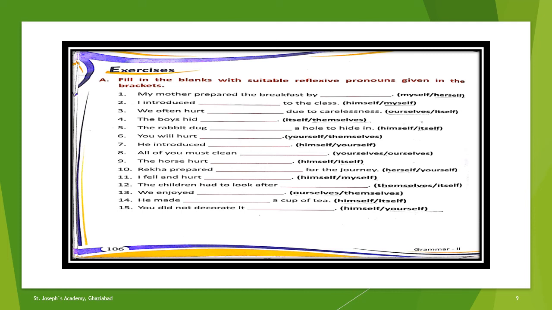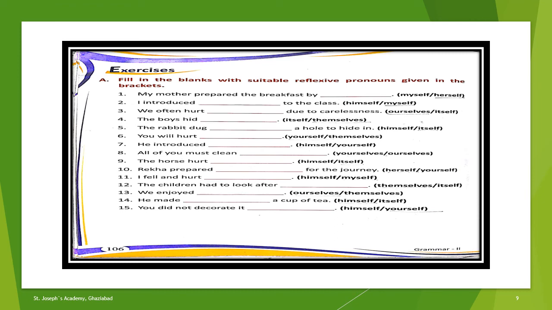Now we come to number 9. The horse heard dash. The options are himself, itself. As you know that the horse is an animal. So what will be the answer? Itself.